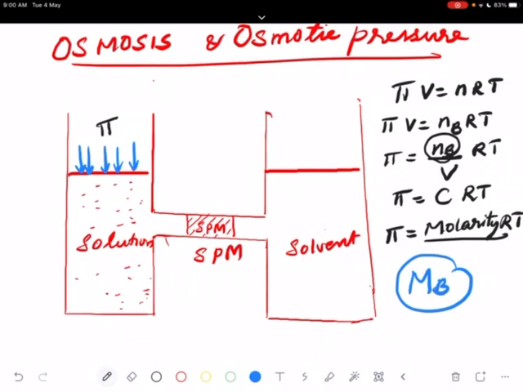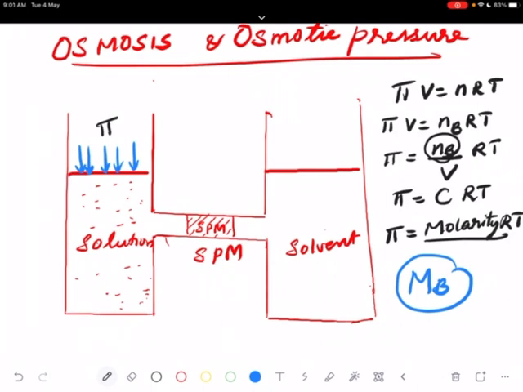This method of determining M_B of an unknown solute is very useful because there are many reasons. The pressure measurement is at room temperature. Molarity is an easy preparation. As compared to the other colligative properties, its magnitude is larger.